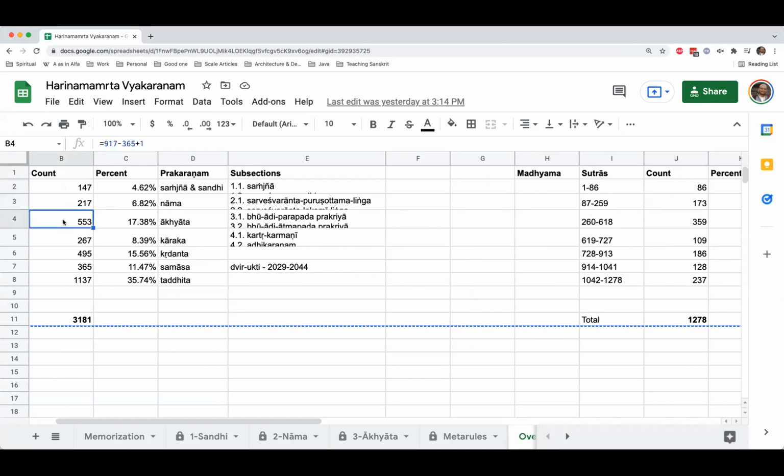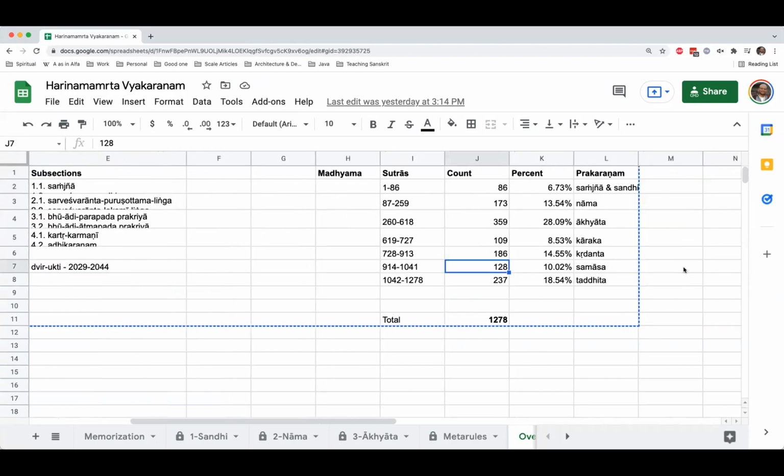The Akhyata Prakarana is also reduced a lot. The Karaka Prakarana, the meanings, is also reduced to only what is necessary. Krudanta is reduced by almost more than half, 50%, and Samasa is also reduced. So this gives you the important sutras in each of the topics, studying which you can read the words.